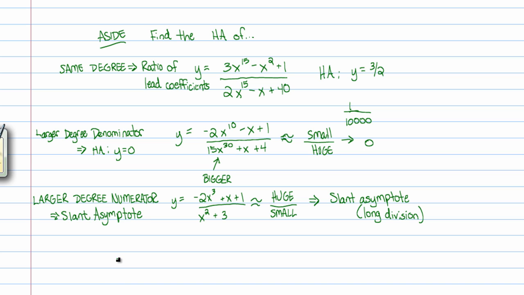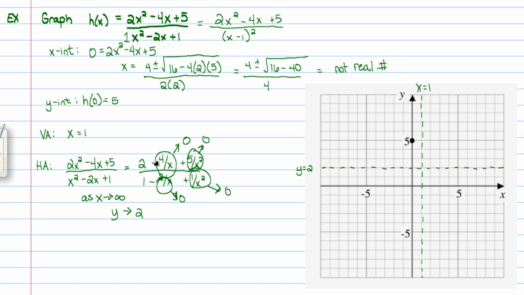All right, so let's go ahead and go back to our example then. In this case, the numerator and denominator have the same degree, so you take the ratio of their lead coefficients, 2 over 1. That will be our horizontal asymptote. And now the rest of this is just basically picking test points and plotting. Well, I happen to know that I have a vertical asymptote here at x equals 1.